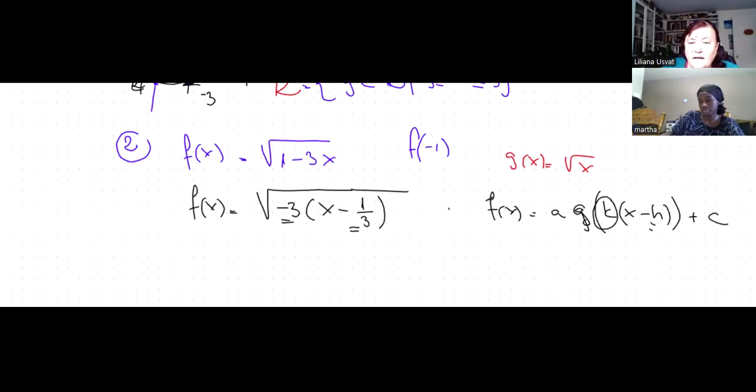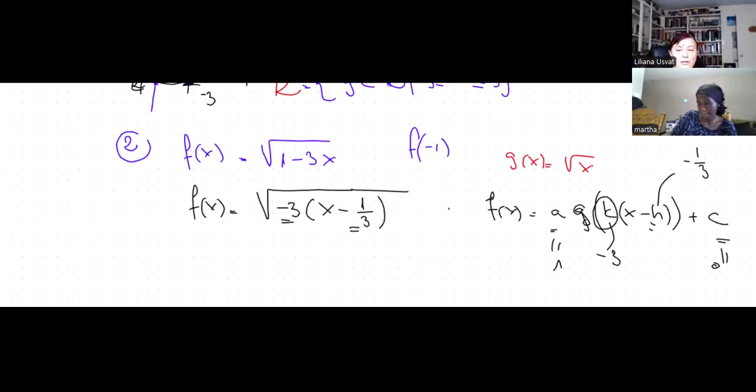We don't have a c and we don't have an a. So a is 1 and c is 0. But k is minus 3 and h is 1 over 3. Inside of the bracket, we need to have x with the coefficient 1. Okay.